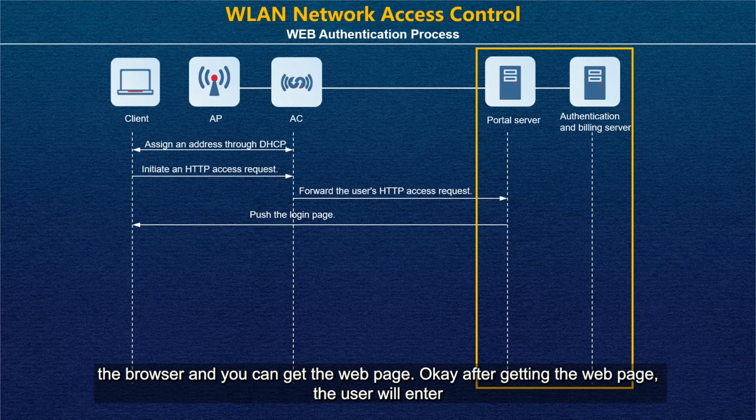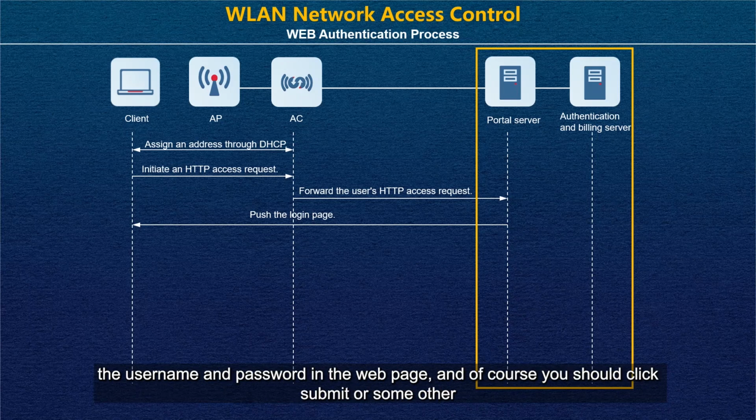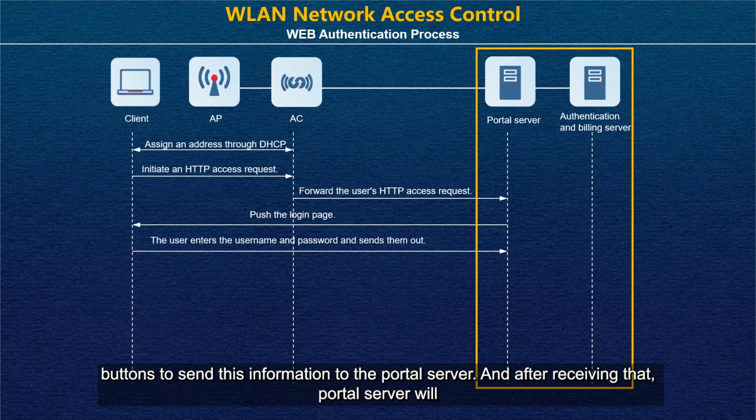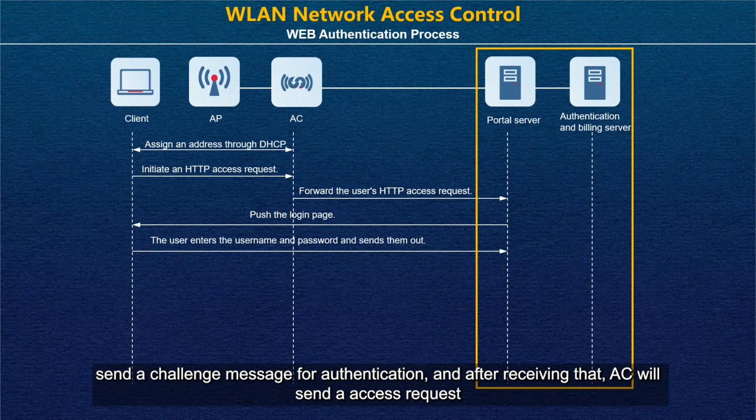Okay, after getting the web page, the user will enter the username and password in the web page, and of course, you should click submit or some other button to send this information to the portal server. And after receiving that, the portal server will send a challenge message for authentication.